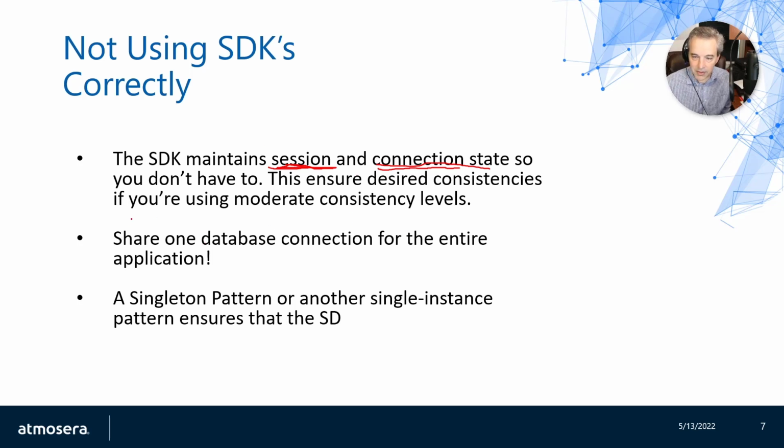The advised pattern, if you read the documentation, it's going to say share one database connection for the entire application. Now my voice is getting rough here. You want to share a single database connection across the entire application because if you have to instantiate a new client every time you're making a request, you're losing that session state.